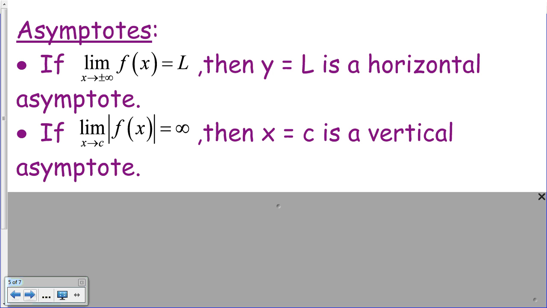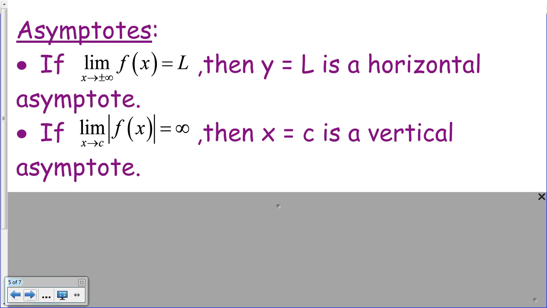And the second property says the limit as x goes to c of the absolute value of f of x. So if that limit is equal to infinity, now we've taken the absolute value here to force this thing to be positive. And the reason for that is because sometimes we have vertical asymptotes where one side is going to negative infinity, the other side is going to positive infinity.